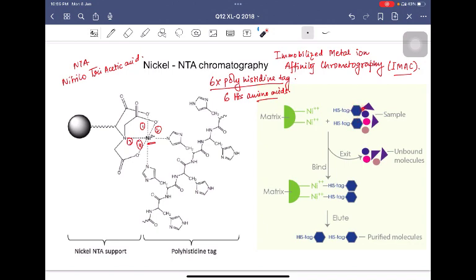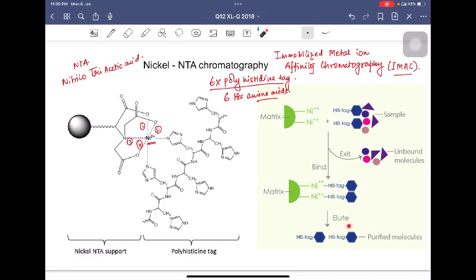When we pass this protein sample through this column, the histidine-tagged proteins will bind to this nickel matrix, and this affinity can be reversed by passing increasing concentrations of imidazole. By passing increasing concentration of imidazole, we can elute the bound protein from the column, and that is how we can purify the protein.